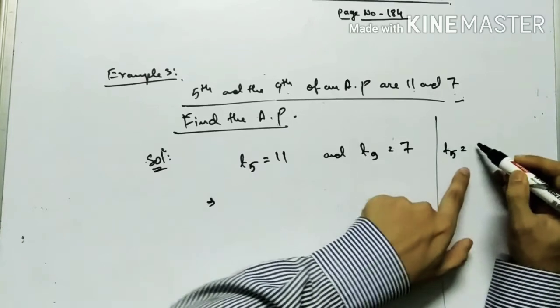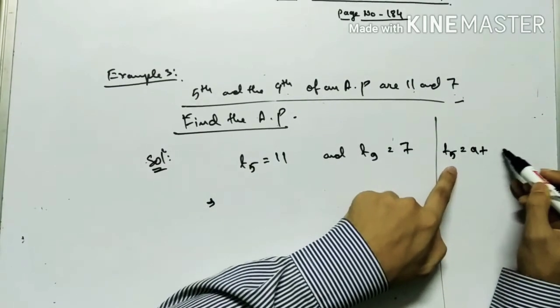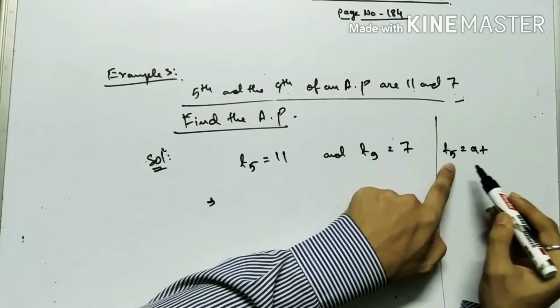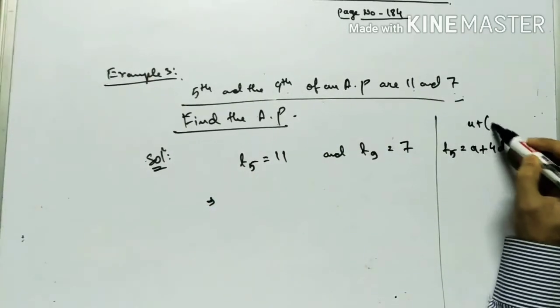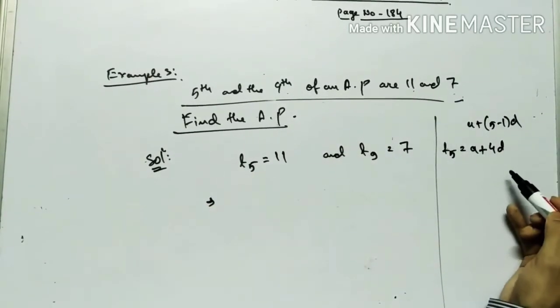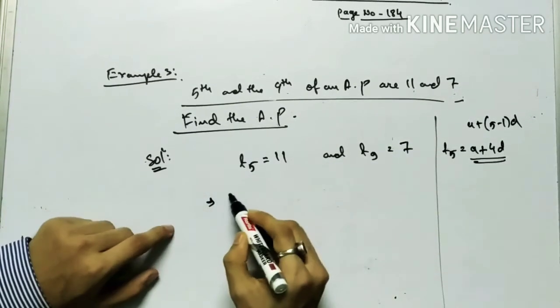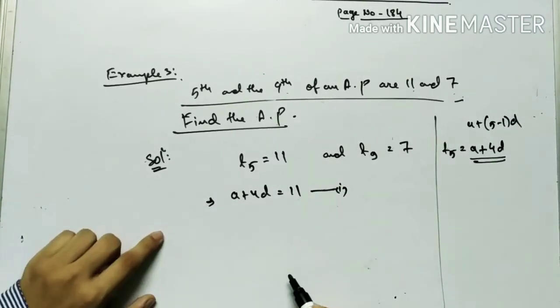It will be a plus... the number that is multiplied with d becomes one less than the term number. So a plus (5 minus 1)d, ultimately a plus 4d. So in place of T5, I will write a plus 4d. a plus 4d is equal to 11. This will be our equation 1.